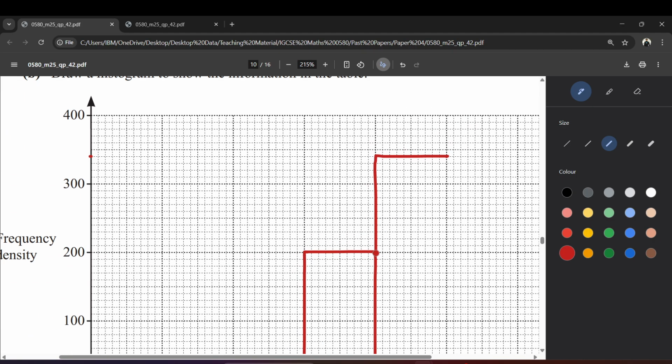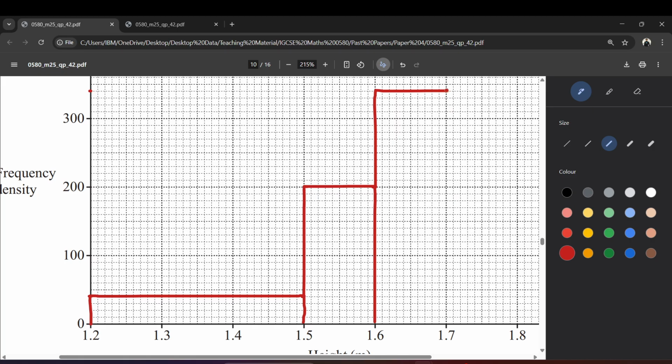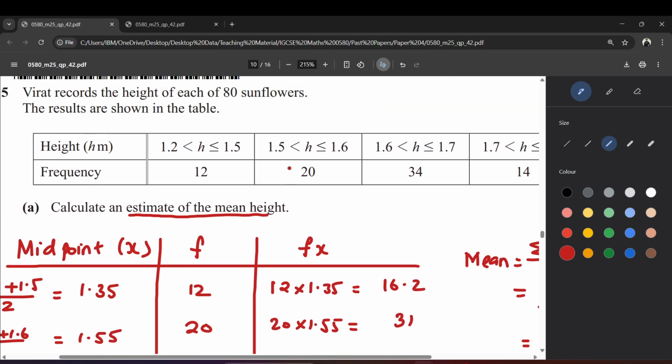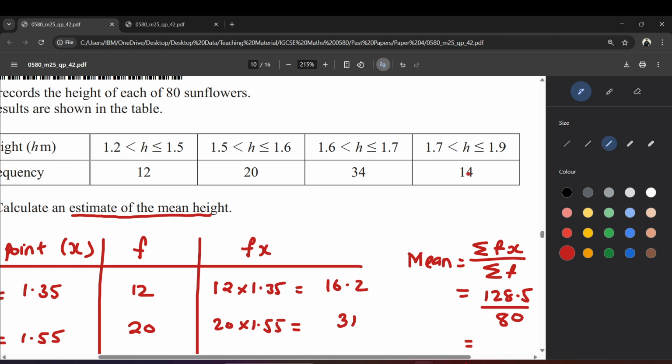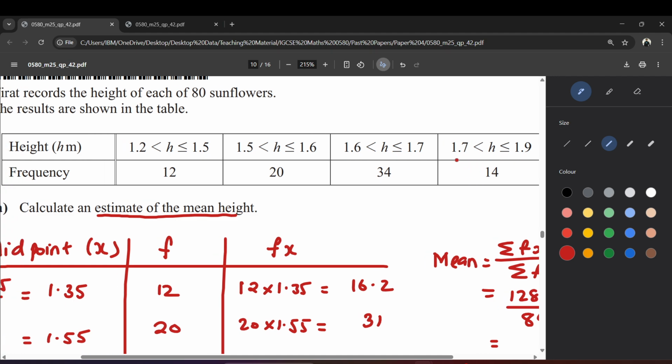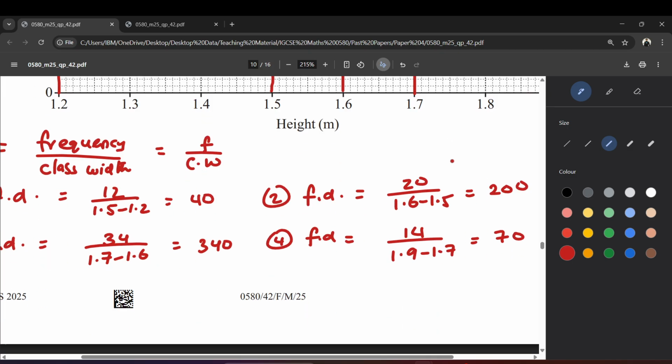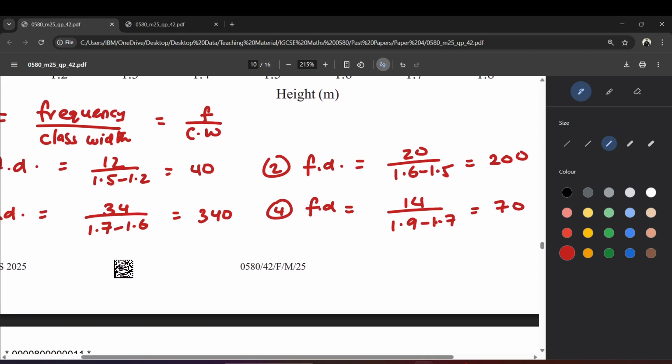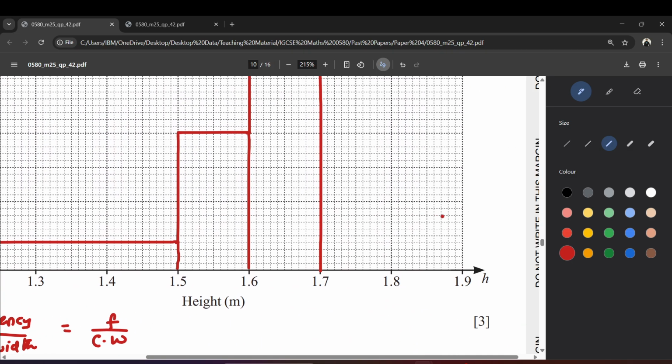Okay, zoom it out a bit. Okay, the last one is 14, sorry, the frequency density is 70 and the interval is 1.7 to 1.9.